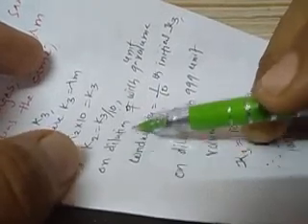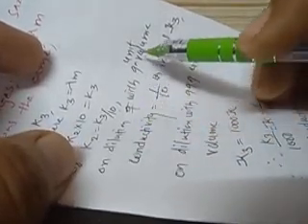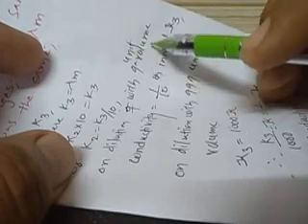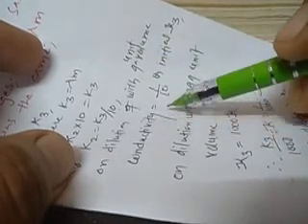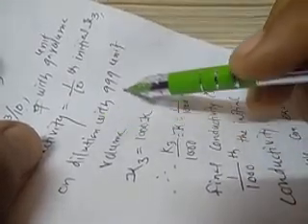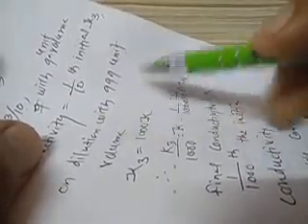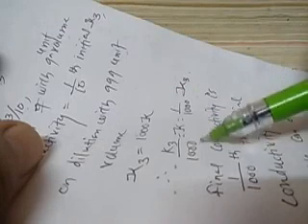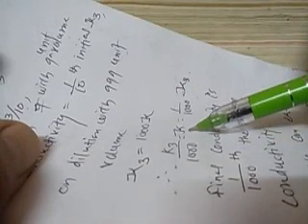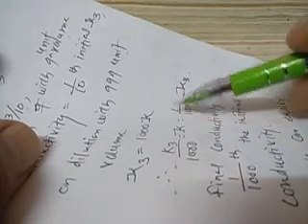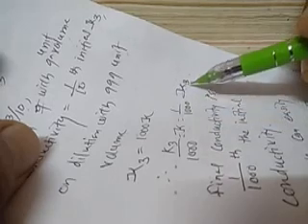On dilution with 9 unit volume, the final conductivity is equal to 1 by 10 the initial conductivity. On dilution with 999 unit volume, the final conductivity kappa is equal to 1 by 1000 the initial conductivity, that is kappa 3.